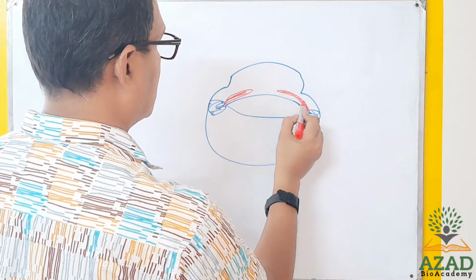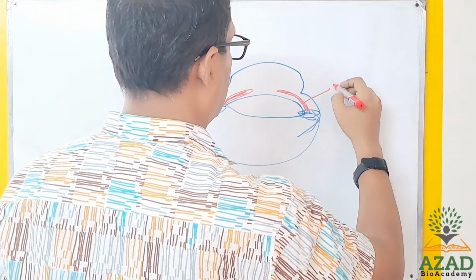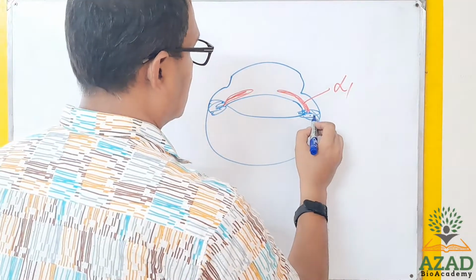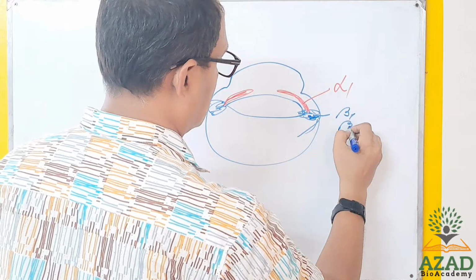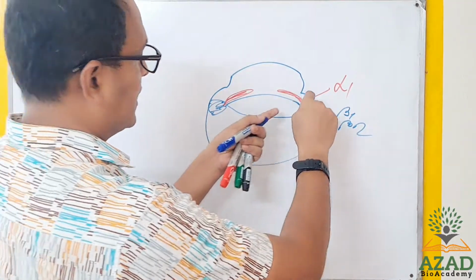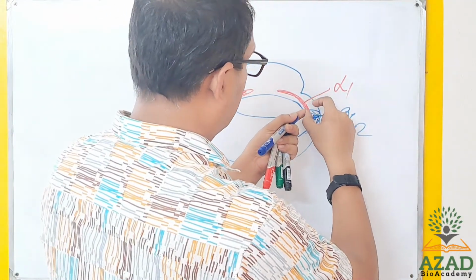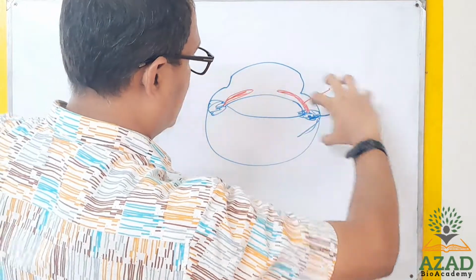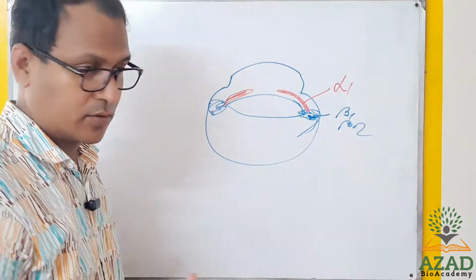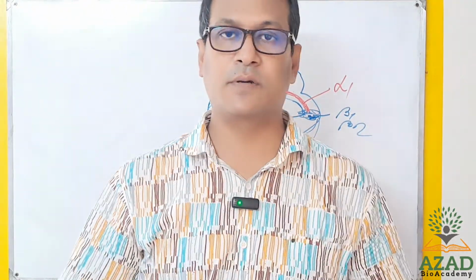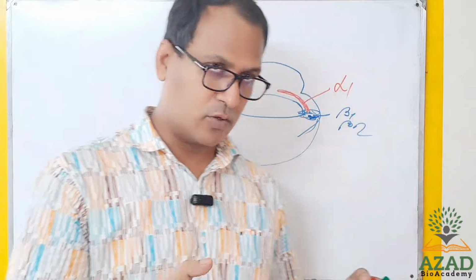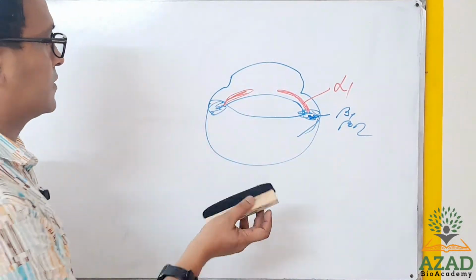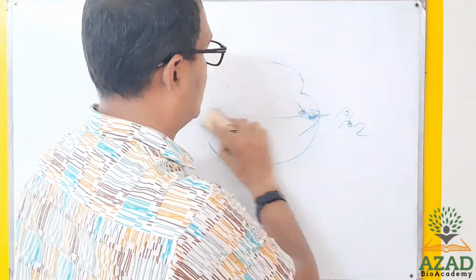The radial muscle of the iris carries alpha 1, and your ciliary muscle carries basically beta 1 and beta 2. When the iris radial muscle contracts, it will make your pupil dilated. So within your eyes, alpha 1 is very rich for dilation, and beta 1 and beta 2 receptors are present for particular functions. So this is all about your eyes.